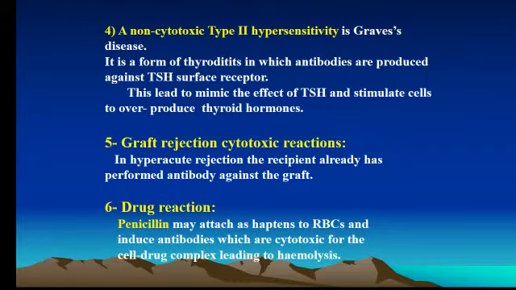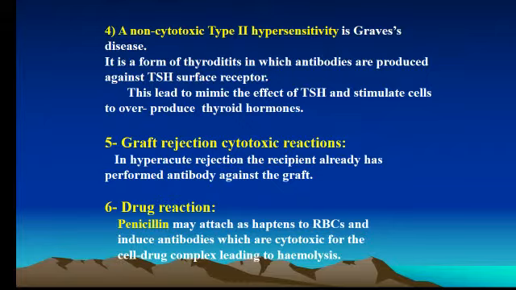The graft rejection cytotoxic reaction: in hyperacute rejection, the recipient already has preformed antibodies against the graft. This is a hyperacute reaction of graft rejection. And of course, number 4, a non-cytotoxic type 2 hypersensitivity, could be a question of which one is a non-cytotoxic type 2 hypersensitivity.